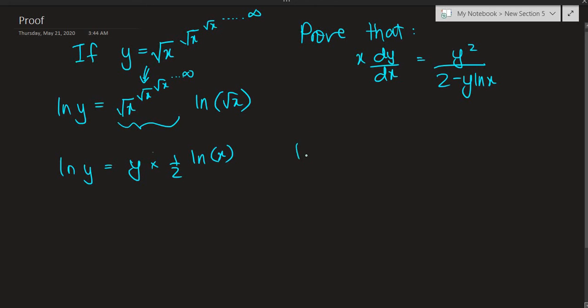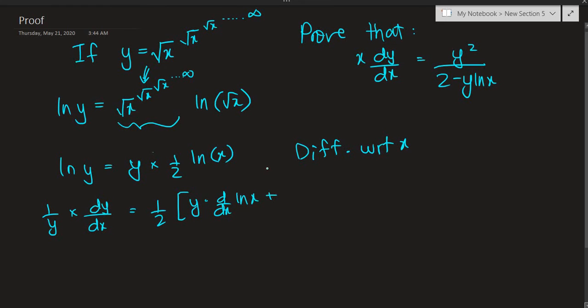Now is a great time to differentiate, because we've gotten rid of all our crazy powers. So we're going to end up with 1 over y times dy over dx, implicit differentiation, and now product rule. So half as it is, first keeping y as I differentiate the natural log of x, plus natural log of x times the derivative of y, which is dy over dx.